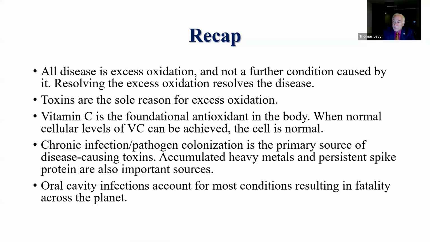And when you're able to get normal levels of vitamin C inside cells, you no longer have a disease cell and the cell is normal. Number four, chronic infection with pathogen colonization is the primary source of disease-causing toxins. Also, as I mentioned, accumulated heavy metals and persistent spike protein can be critical sources in other patients.